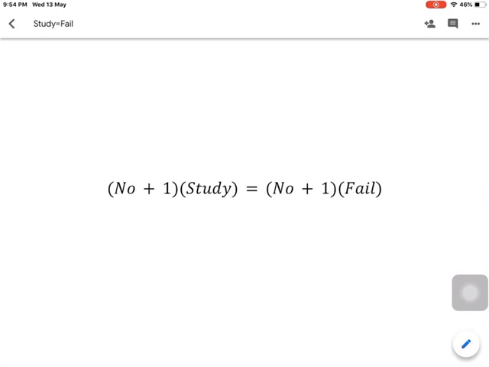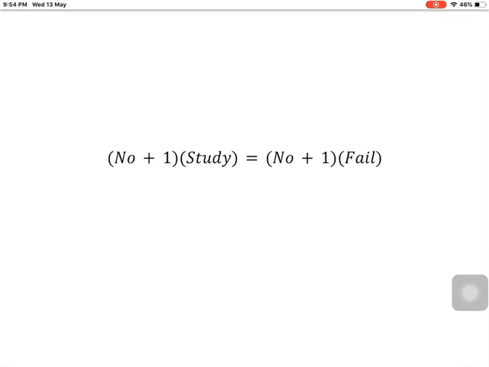it's a simpler way to interpret this. No equals 0, so we can consider that as 0, and 0 plus 1 is still 1. So there is some sort of positive variable in the equation. So when you divide it, it becomes study equals fail.